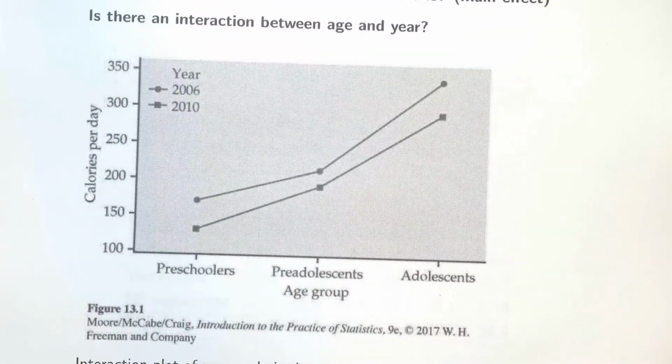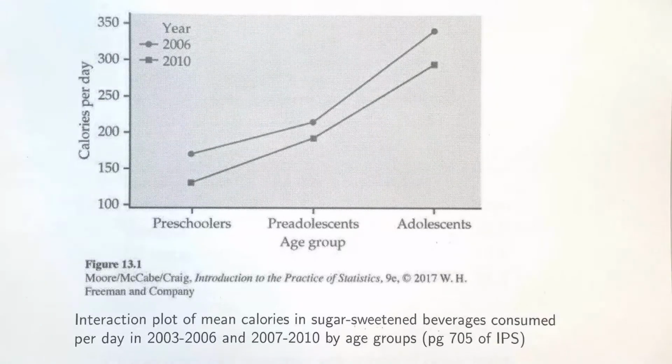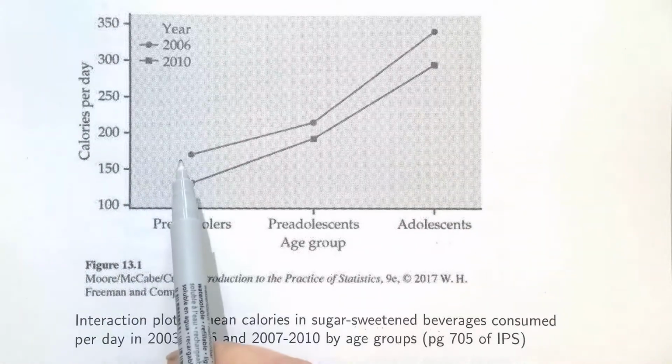So a useful plot to look at is the one shown here, where we have our age group along the bottom and calories per day on the top, and then what we're plotting are just the averages, right? So we had 170 for the 2006 group.